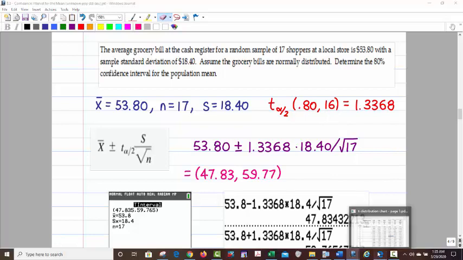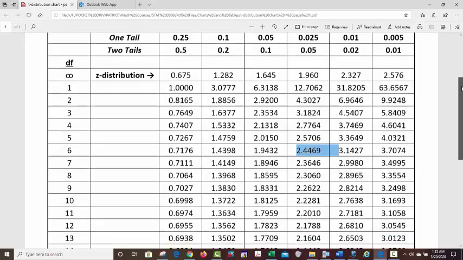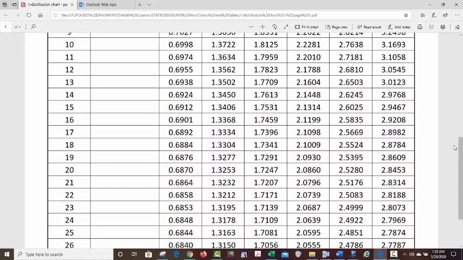So 80%, 16 degrees of freedom. So 80% is the second column. We're about to lose the 80 here now, so let's bring this in here. 16 degrees of freedom. I do believe we have something there, 1.3368. Excellent.